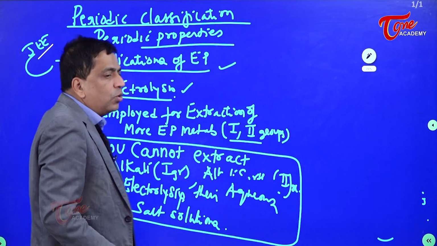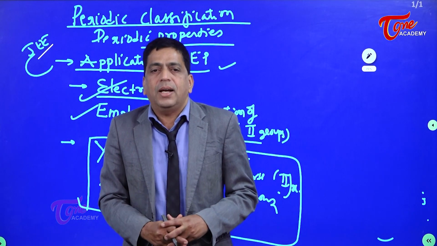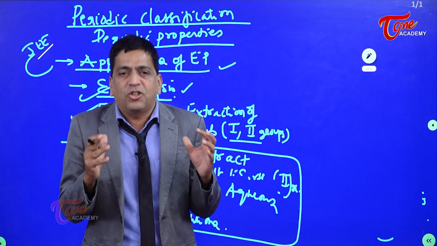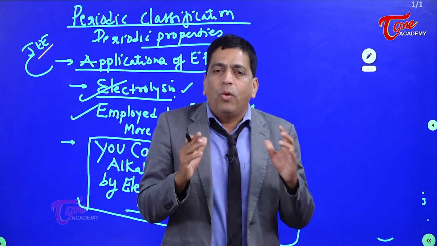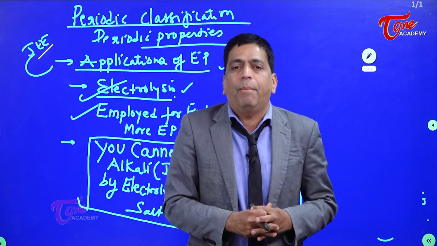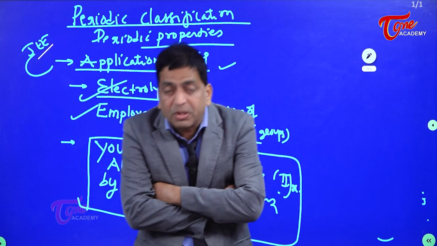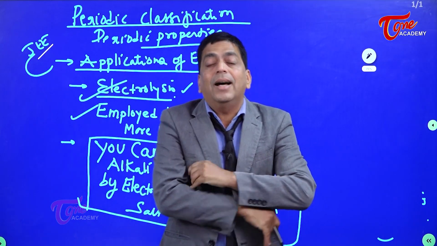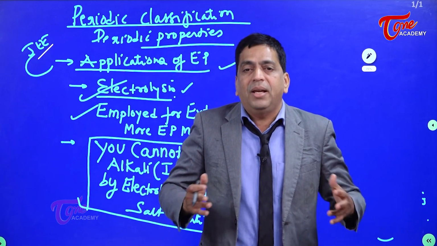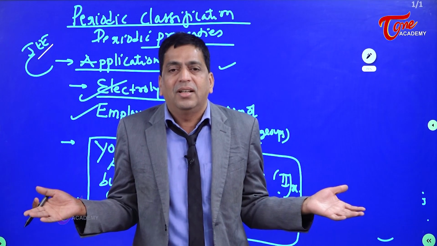You must understand this. First of all, we are going in for applications of electropositivity, in which I am taking electrolysis as an example. In electrolysis, you must understand that several metals in the periodic table have several methods for their extraction.